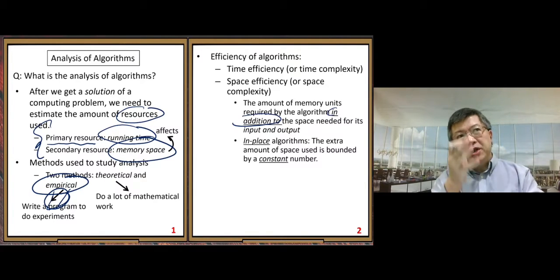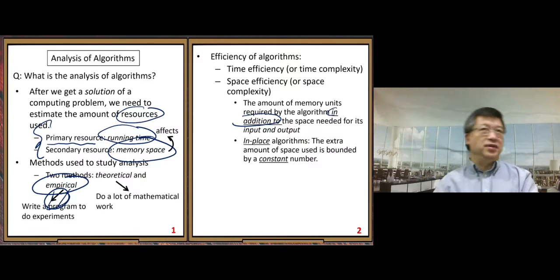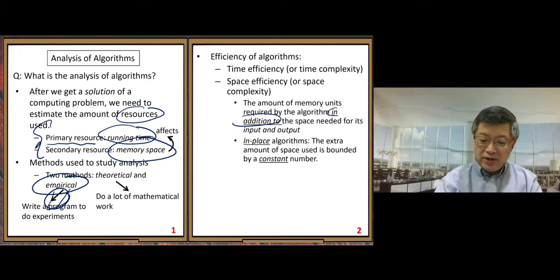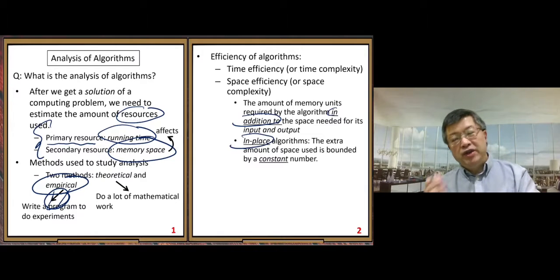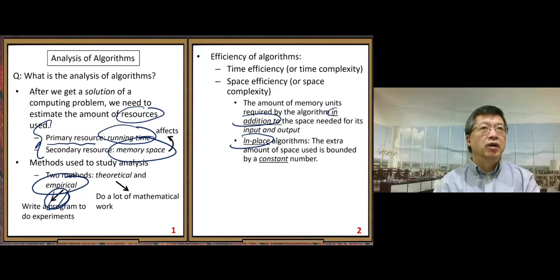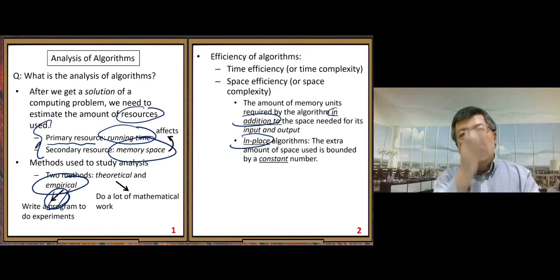Then there is a special type of algorithms called in-place algorithms. In a previous video, I talked about the in-place concept, but here the concept is different. We both use "in-place," but what is in place?